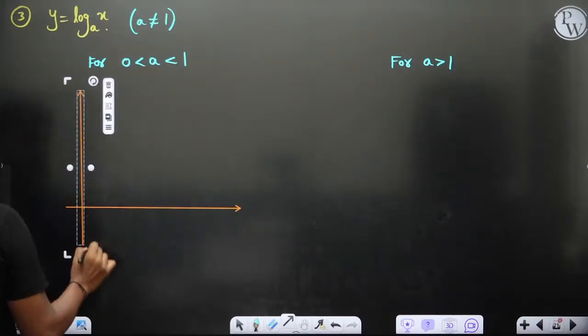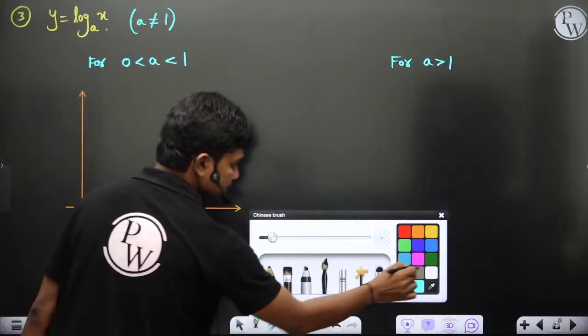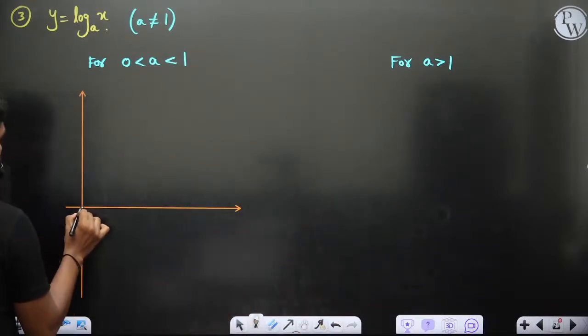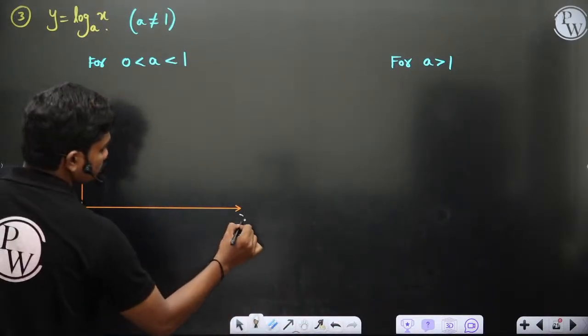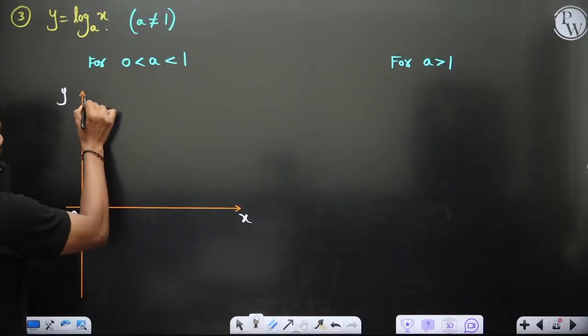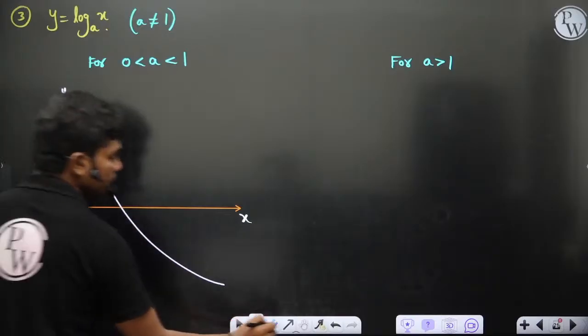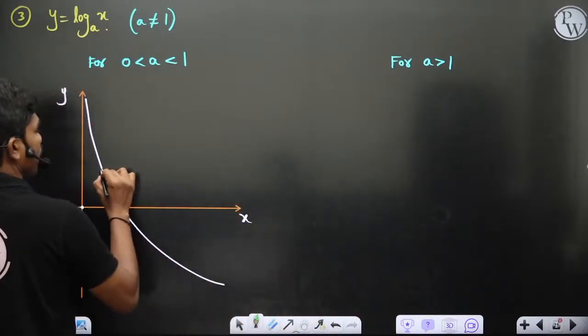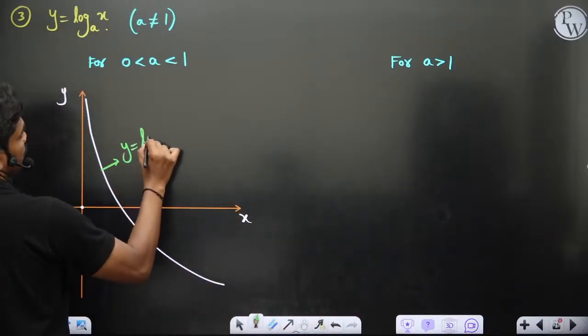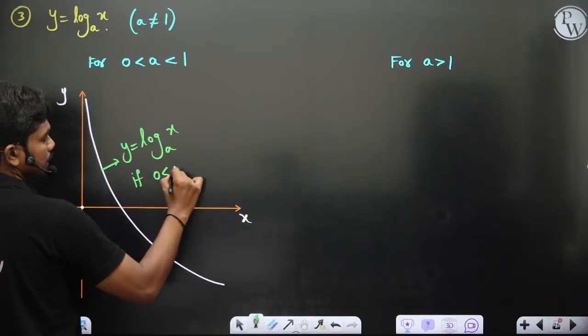you clearly know log is not defined for negative values of x. On the x, y axes, when 0 is less than a less than 1, the graph comes something like this. It goes to infinity, of course, and this is y equal to log x to the base a if 0 less than a less than 1.